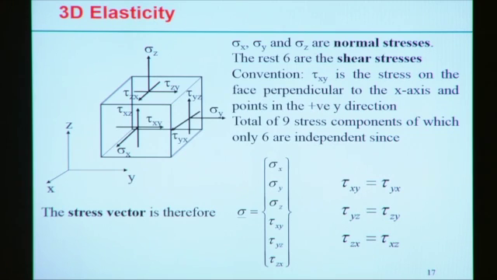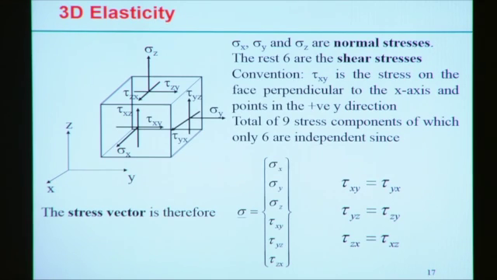Tau xy is the stress on the face perpendicular to the x axis and points in the positive y direction. So with this convention we can define the different shear stress components.